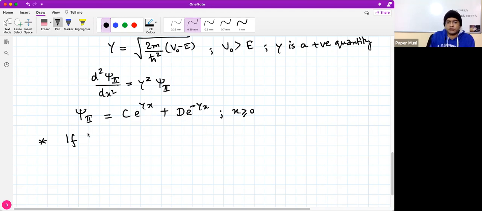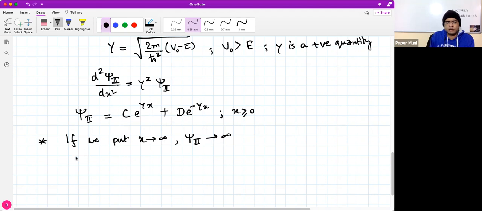All right, so what we have is, if we put x tending to infinity, psi 2 becomes infinite, right? Because one of the terms is exponentially increasing, and it will dominate.